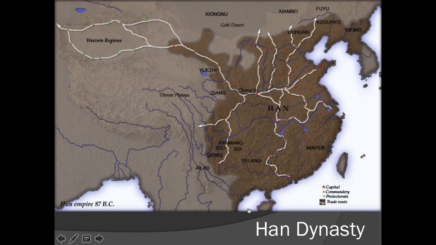Here's Korea coming under some Han influence, and Vietnam and Southeast Asia, and further connections to areas beyond China that are even stronger. And what we see here is the Silk Route leading across Central Asia. And you can see the arrow pointing on towards the Middle East.